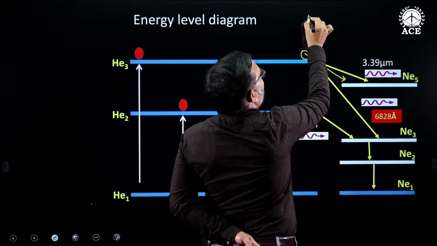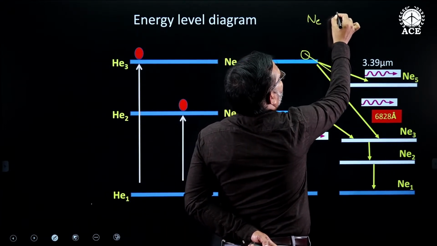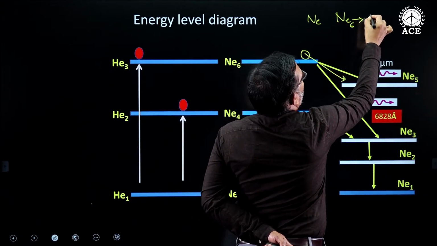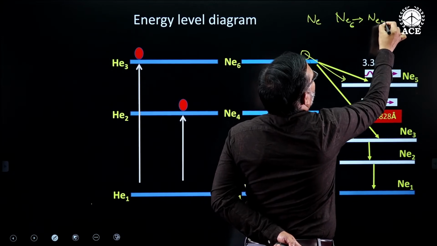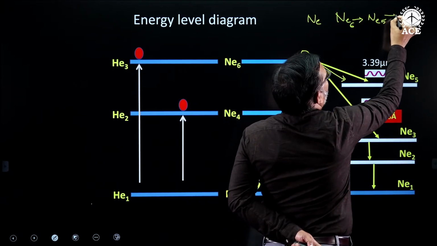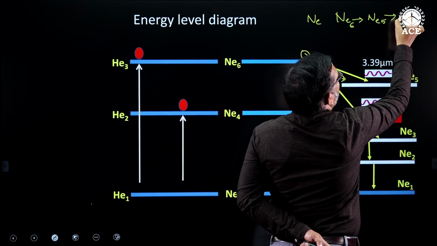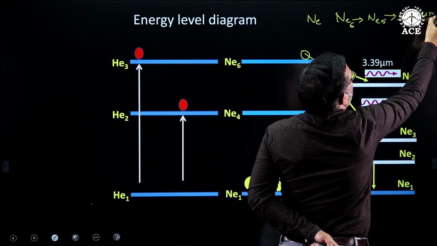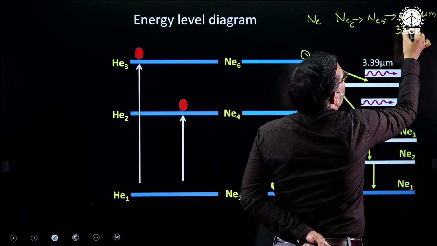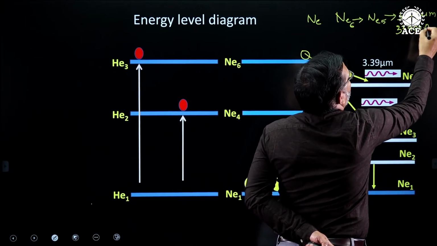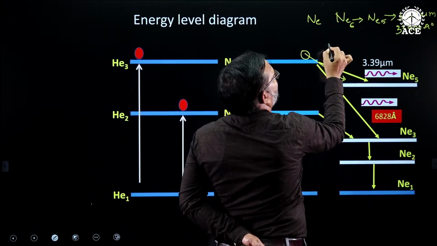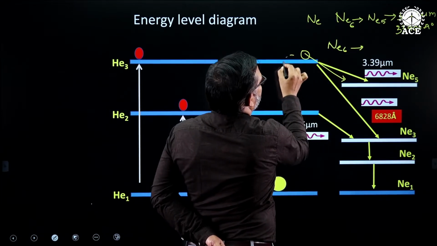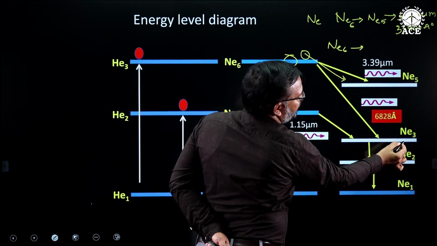The transition of a neon atom takes place from neon 6 to neon 5, releasing energy of 3.39 micrometers, which means 33,900 angstrom.